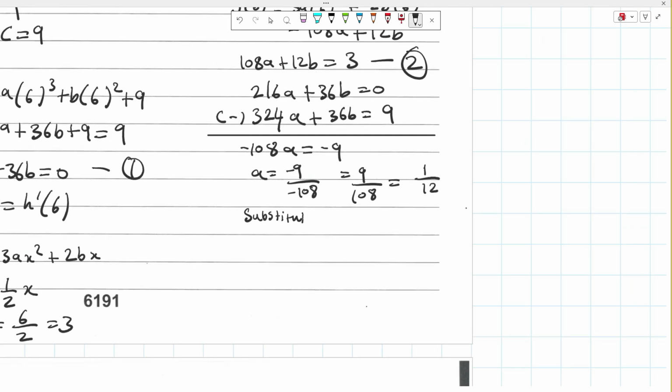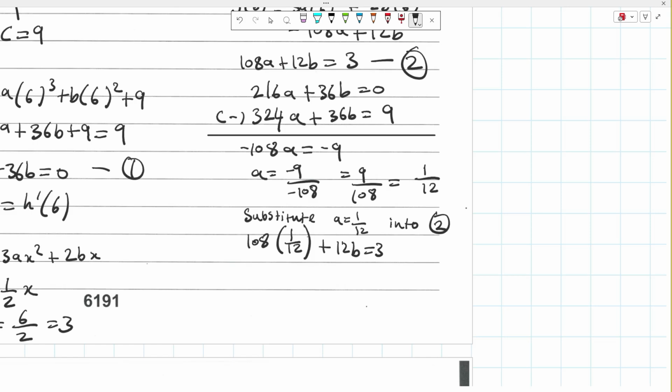We're going to substitute a is equal to 1 over 12 into, and let's do equation 2. So we get 108a, but we know a, right? It's 1 over 12, plus 12b is equal to 3.